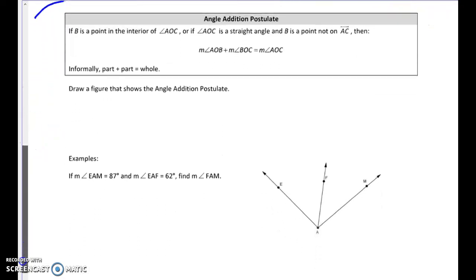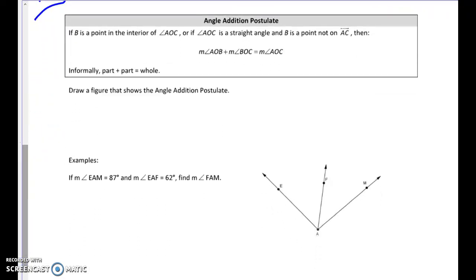Now we're going to talk about the angle addition postulate. The angle addition postulate basically is just like the segment addition postulate, but with angles. We've got two parts adding up to a whole. They tell me in this that B is in the interior of angle AOC, so I'm going to draw AOC.